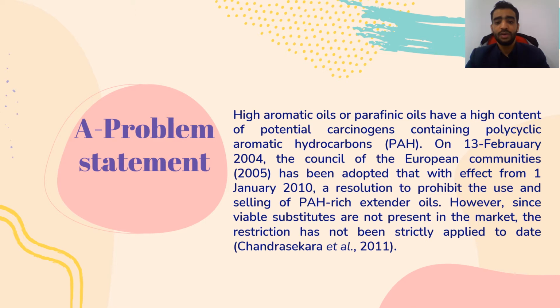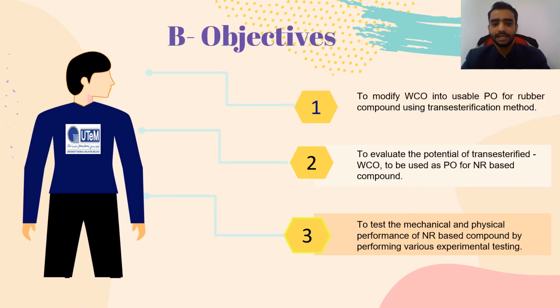Moreover, there is no available previous study using treated waste cooking oil or transesterified waste cooking oil. And secondly, here are the objectives of my final year project. First, to modify waste cooking oil into usable processing oil for rubber compound using the transesterification method.